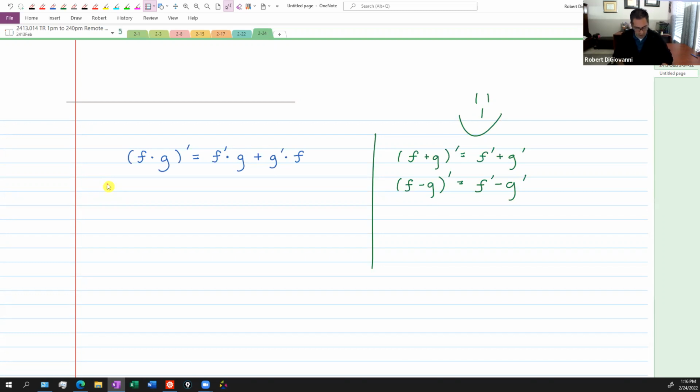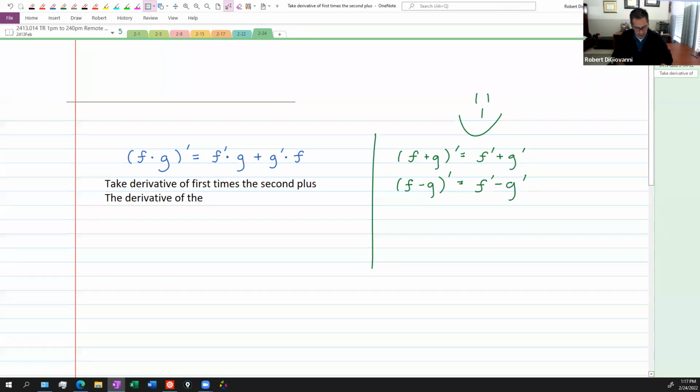You're basically going to take the derivative of the first times the second, plus the derivative of the second one times the first.